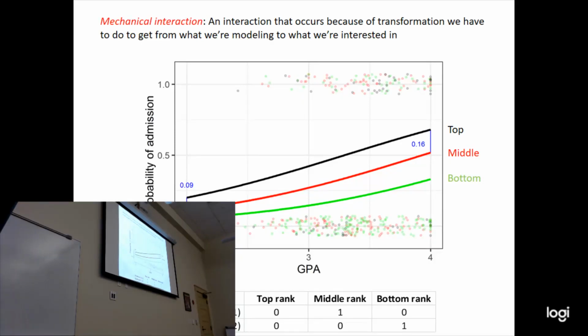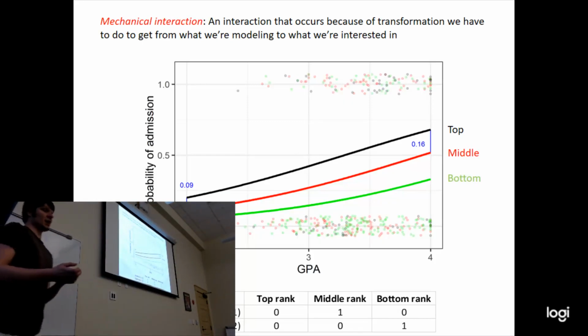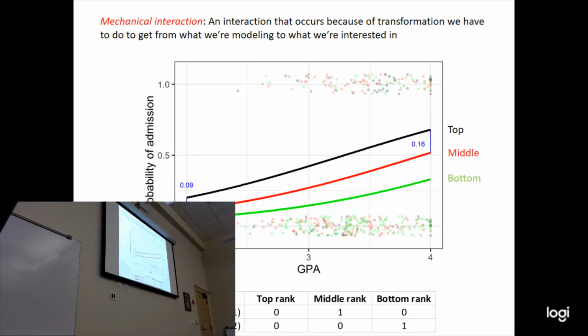It's an interaction that comes about as a result of the fact that we have to travel this link, this mathematical bridge between what's modeled and what we want to understand. So what I'm plotting is what we want to understand, which is the probability of admission. But remember, what's modeled isn't the probability of admission directly, it's the log odds of admission.